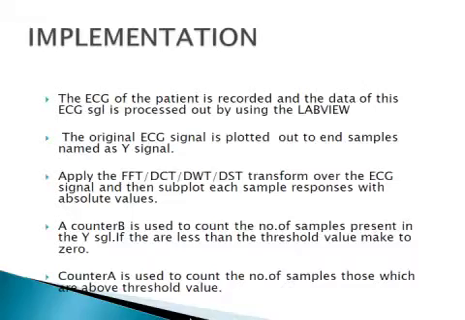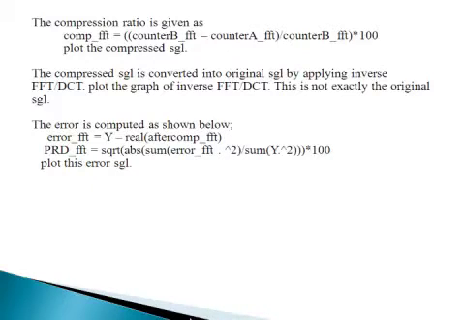The implementation. As explained in the block diagram, these are the steps that we are using in order to get a reconstructed signal. The basic formula for the compression ratio is given, and also the error is computed by using the signals obtained.